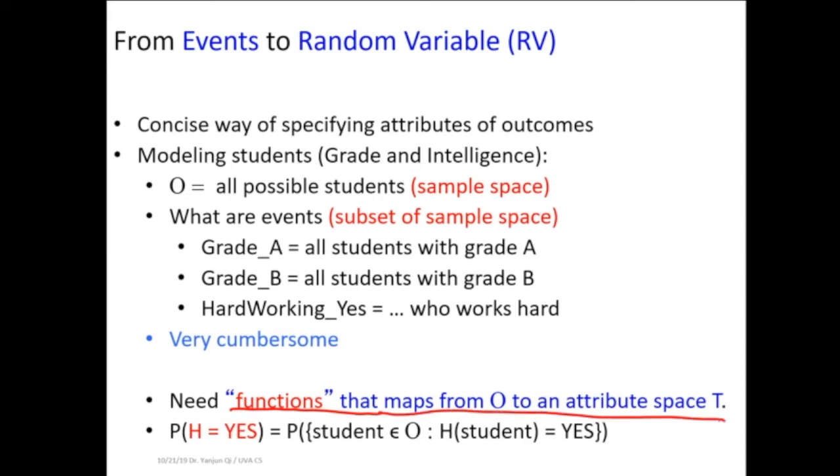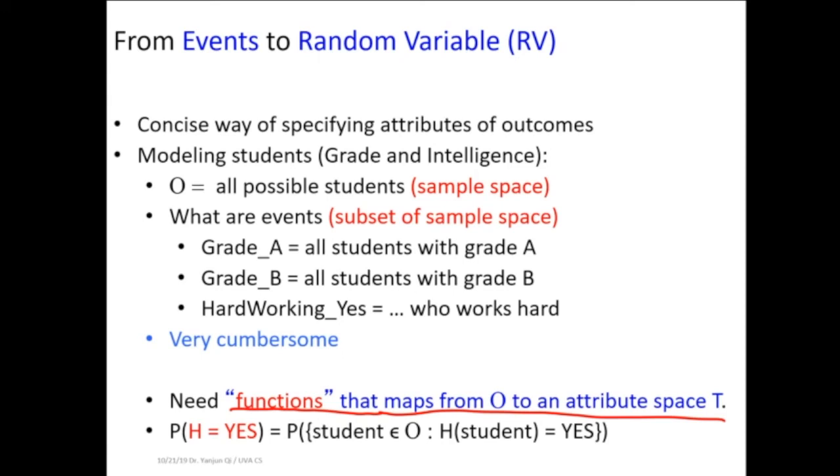So for example, my sample space is all the possible students in my class, and I want to represent the subset of hardworking students. So P(hardworking = yes) is the subset who work hard. So this is an event, right?